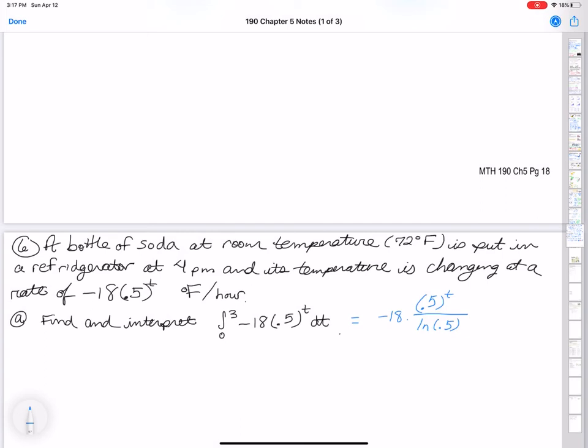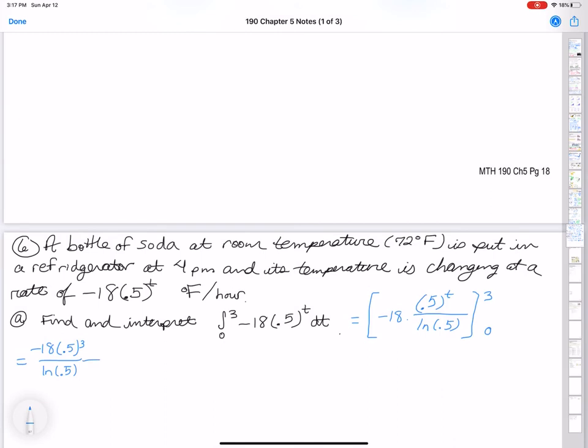All right, so there's our antiderivative, and now we need to simply evaluate between our limits of integration. Subbing in the 3, we'd have negative 18 times this half to the third divided by the natural log of that half.